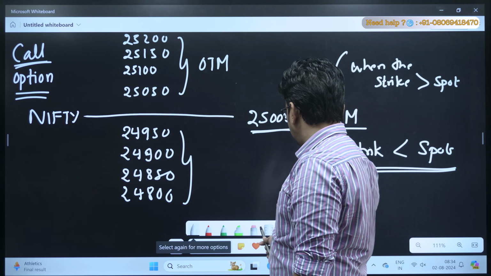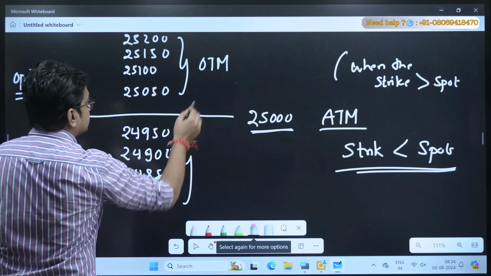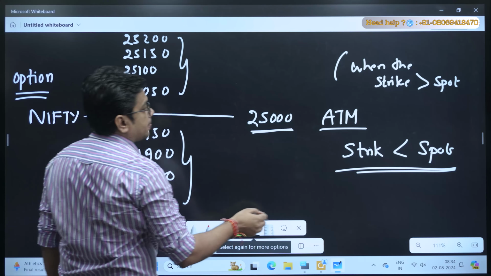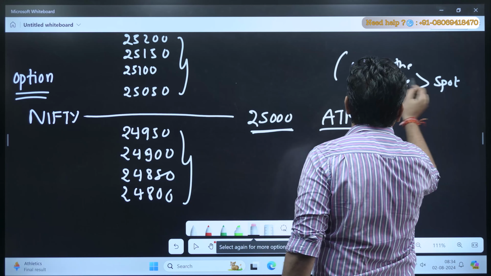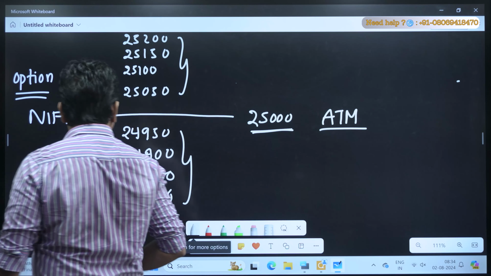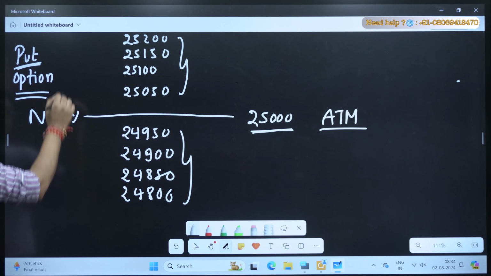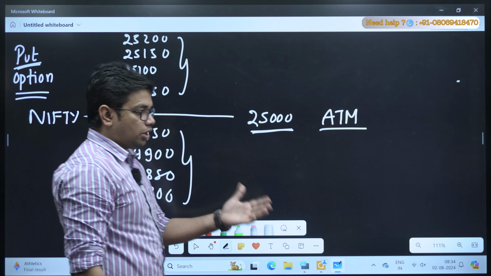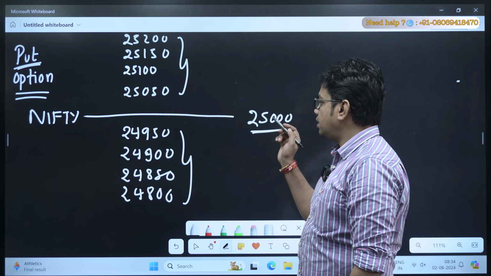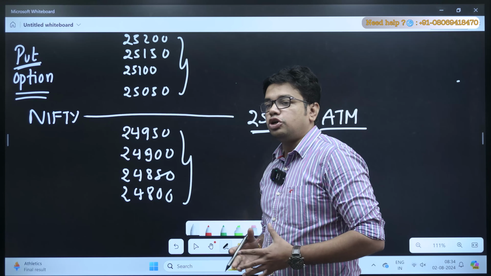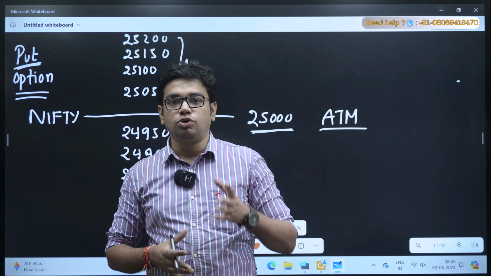Now, let us go to the put option. I will just write it down over here, just a minute. For put it is different. For put option it is exactly opposite to the call option. In put option we have a perception that we are expecting the market to go down.